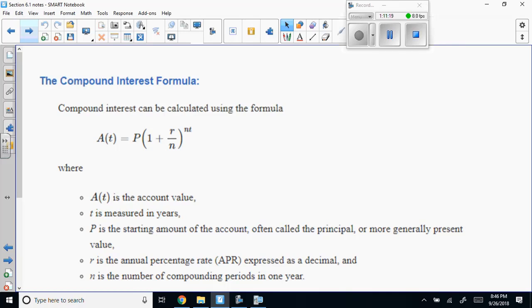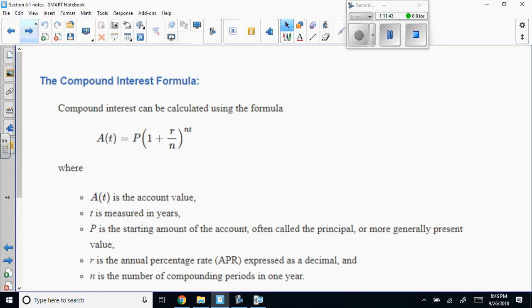N on this is the number of compoundings per year, and that could be 2, 4, 6, 12. It doesn't matter, but they'll tell you in words like quarterly, monthly, daily, weekly. So those correlate to numbers, and that's what's going to go in the N.